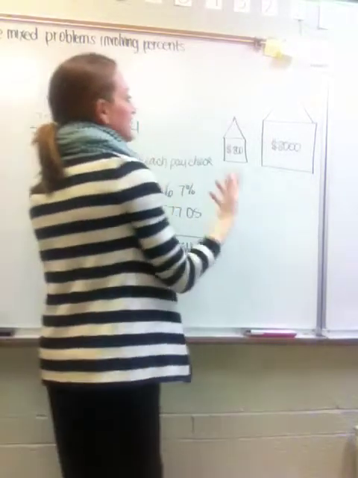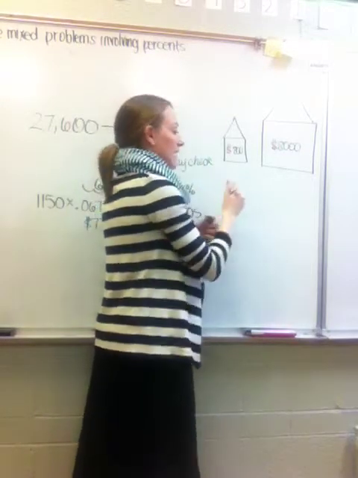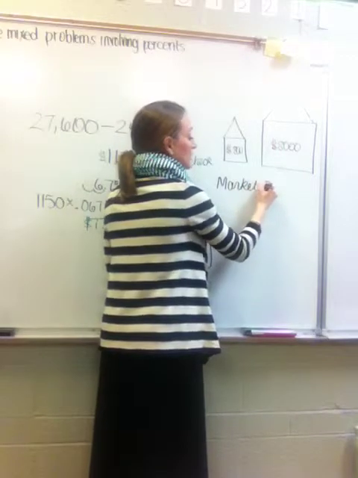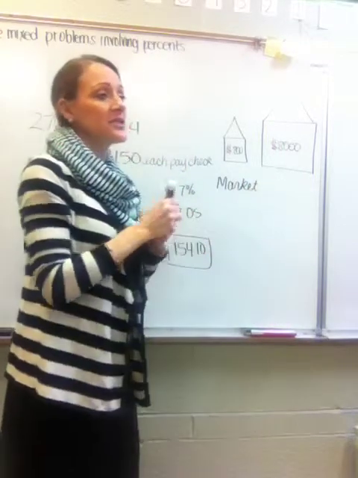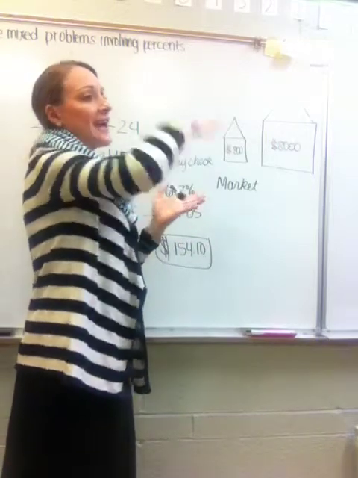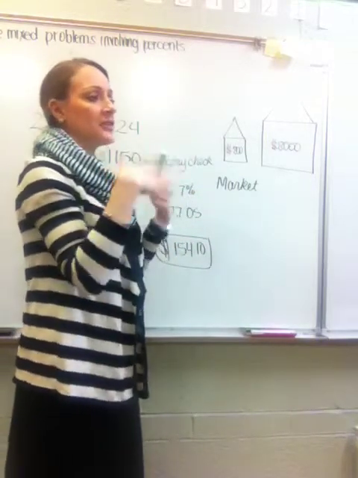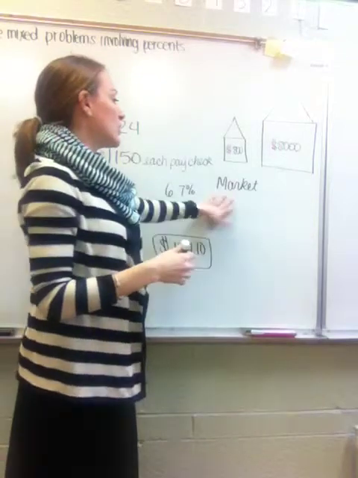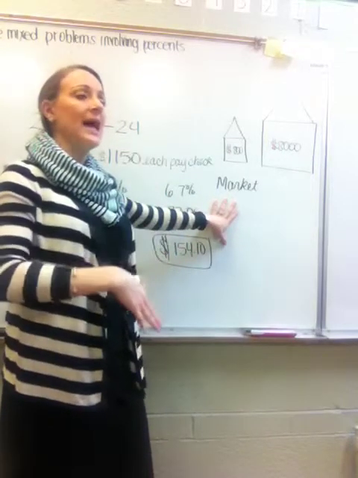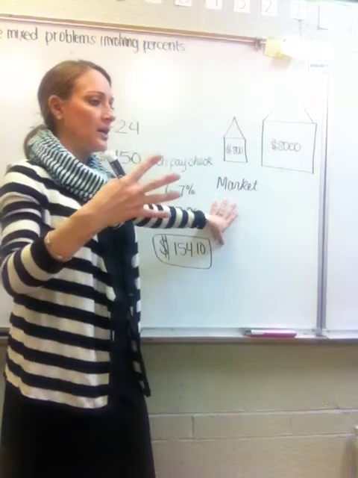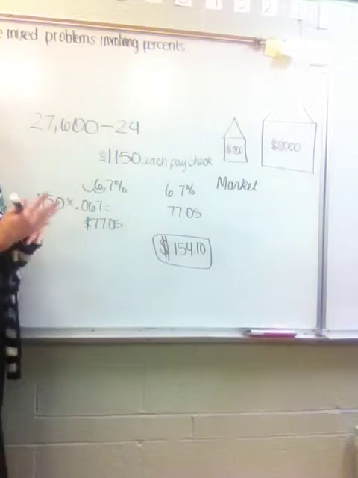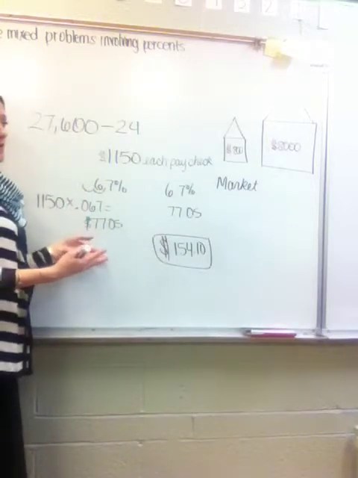The market value is what you can sell your house for. The assessed value, this is just verbiage, is what the county in which you live values your house at. Usually the market value is more or less because it's based on what people are willing to pay for it.